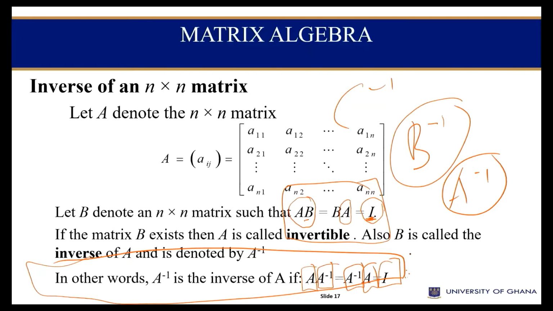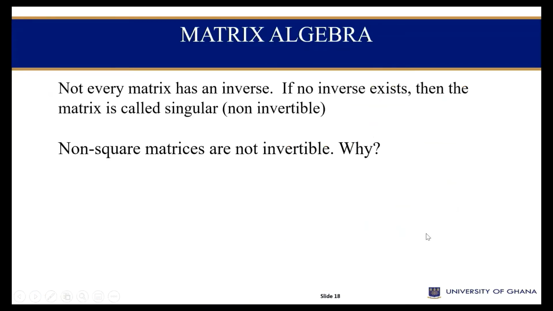In other words, anytime you multiply the inverse of a matrix by a given matrix, you get an identity matrix. That operation is simple. You multiply any given matrix by the inverse of that matrix to give you an identity matrix.